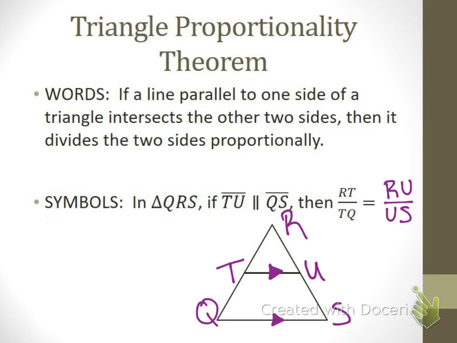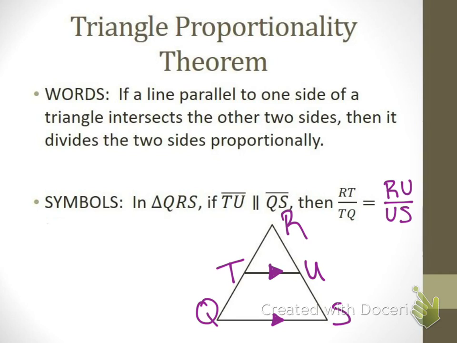The triangle proportionality theorem states that if a line parallel to one side of a triangle intersects the other two sides, then it divides the two sides proportionally.